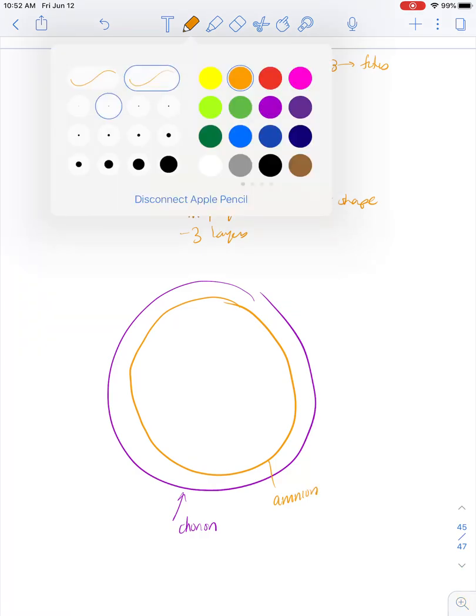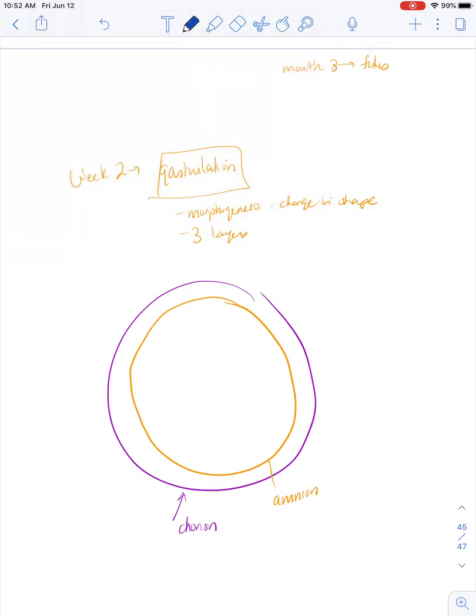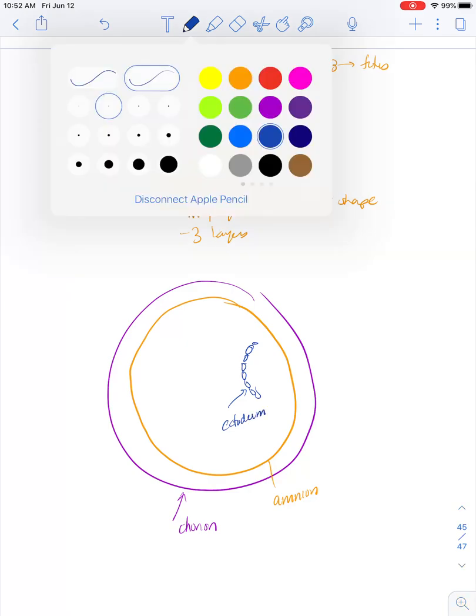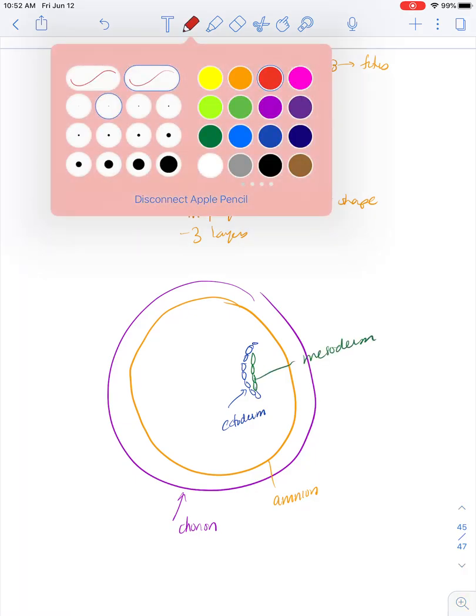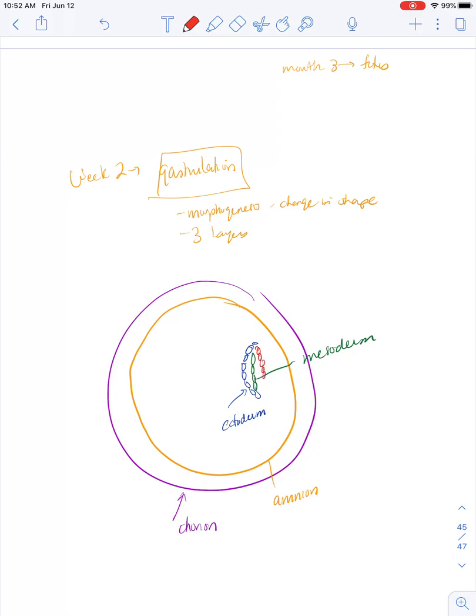And then we're going to see the baby itself inside. And the baby's going to start to develop into 3 layers. There's an outer layer called the ectoderm that the baby develops into. There's a middle layer called the mesoderm. And then there's an inner layer called the endoderm.